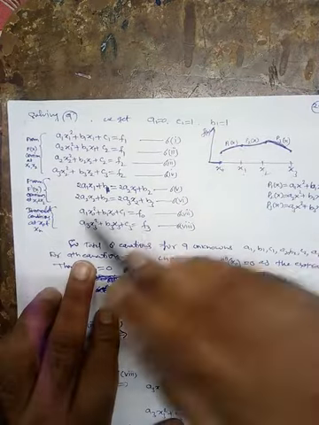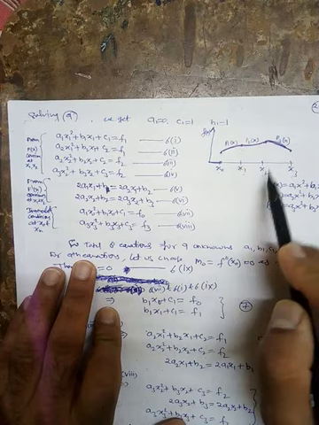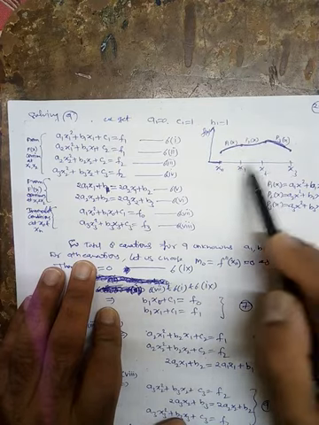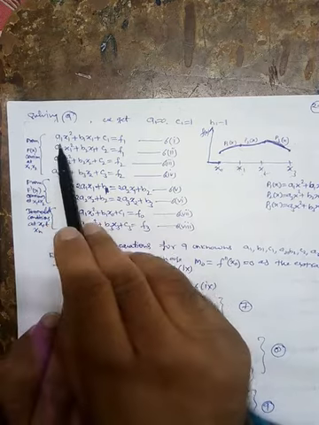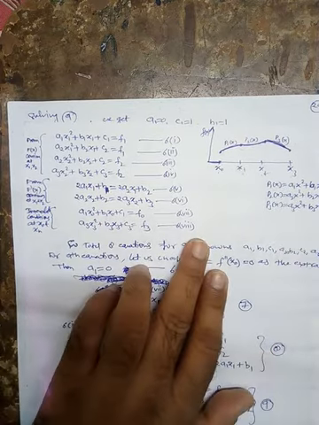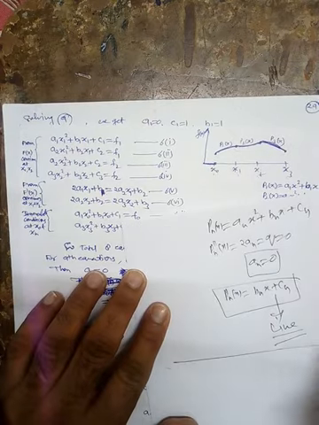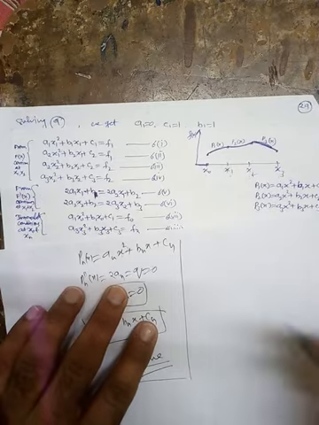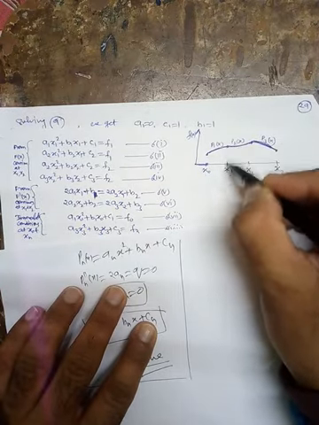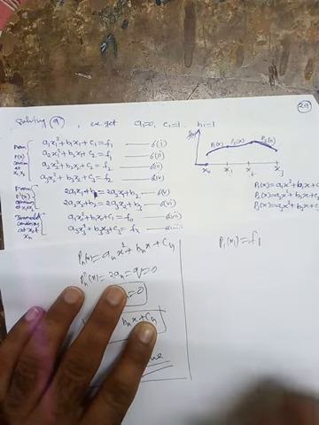Now first we will consider the continuity of the polynomials at the points x1 and x2. That will give you this equation. What is the meaning of continuity? The value of this polynomial p1 at x1 should be the same as f1.